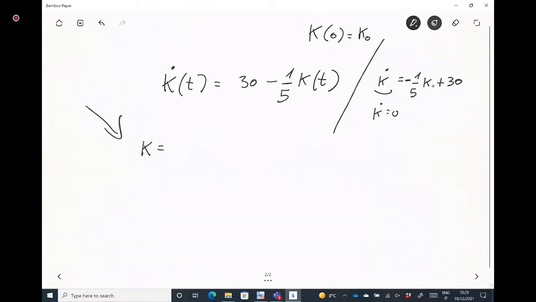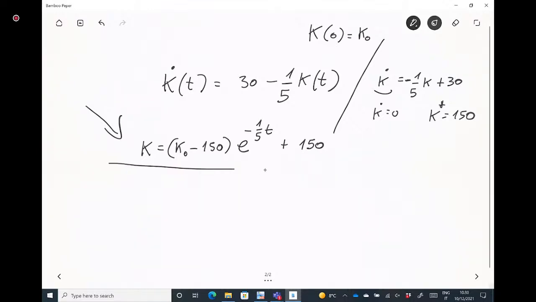We get 1/5 K is equal to 30, K is equal to 150. Okay? So initial deviation from steady state times exponential of minus 1 over 5 t plus steady state. This is already the solution, okay?